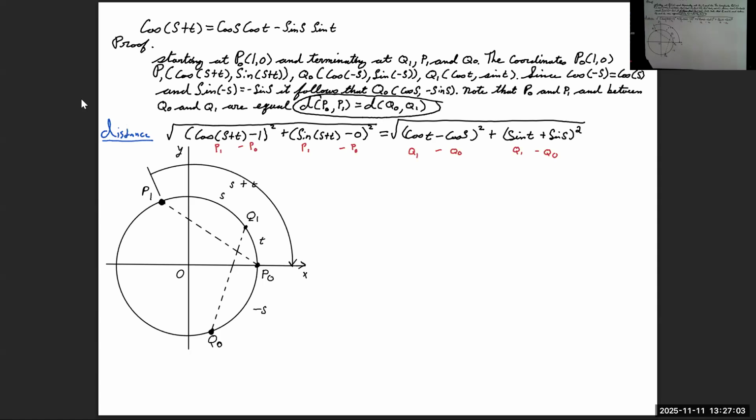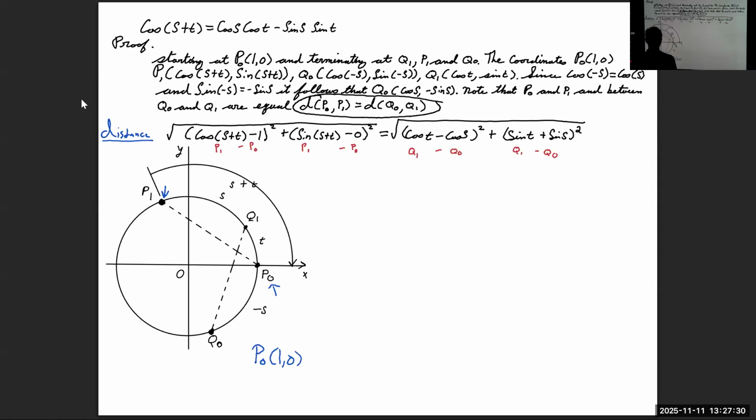Okay, so we see cosine of s plus t minus 1. This is coming from P naught and P1. Okay? S plus t. So P naught, remember P naught was just, it's written up there too, it's just 1, 0. And P1 is cosine of s plus t, sine of s plus t.